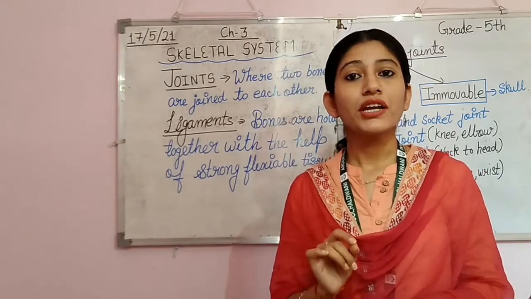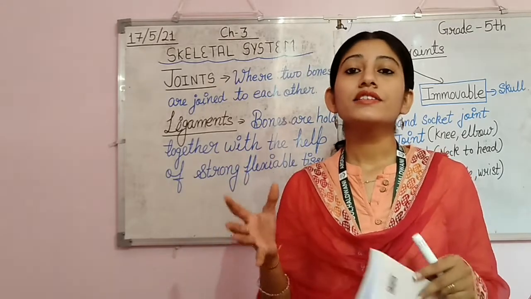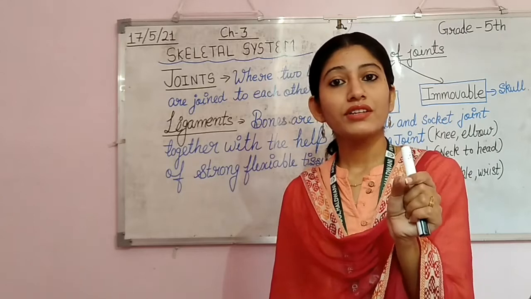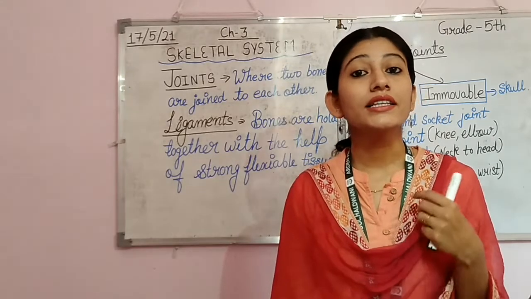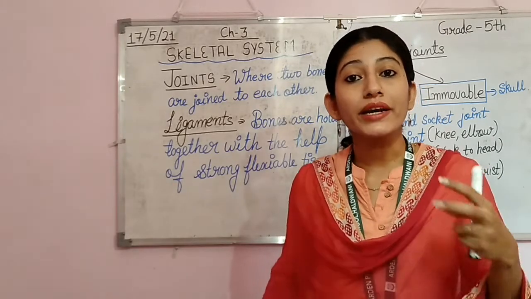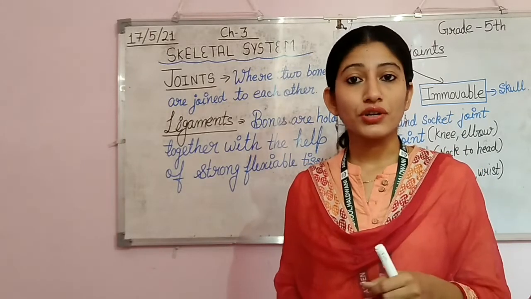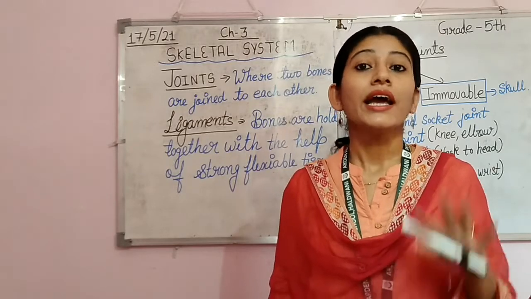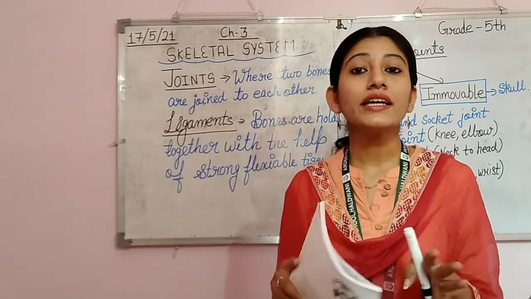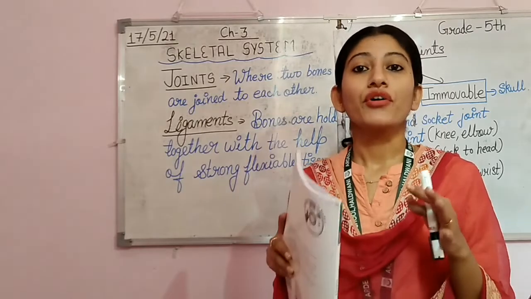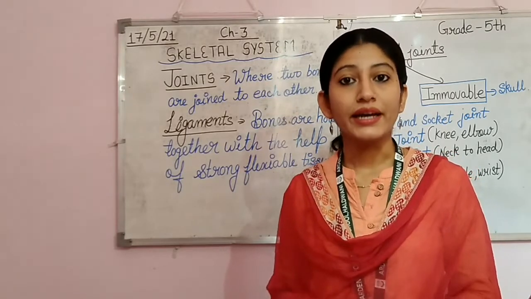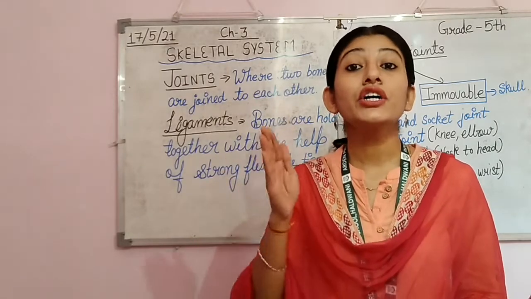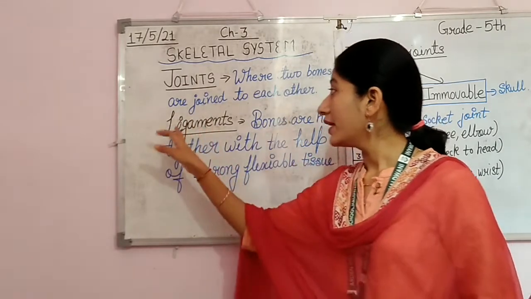So from here the question arises: are these bones just meeting with each other, or are there some other things which are helping in holding the bones together? So students, the point where two bones meet is called a joint, and for holding these bones together, there is a strong and flexible tissue that is named ligament.